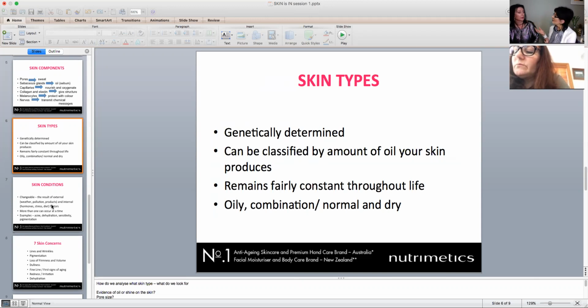So why do we use a toner? When we use a toner, what does it do? It balances out your pH level. It brings your acid mantle back to its natural state. Even though when you ask a scientist what you should do for the skin, they never include using a toner, you find that that's the thing that instantly brings back the acidity level to its natural state, especially if you're using any type of soap.